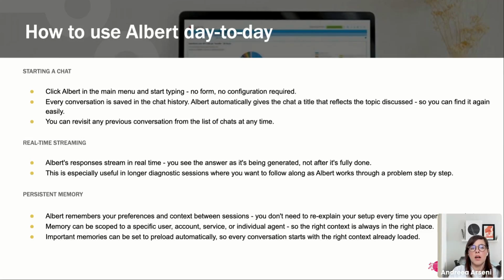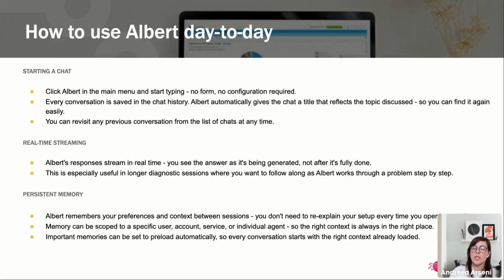And of course, every conversation will be saved in the chat history. So every new chat that you create will basically be a conversation that you have with Albert. So that will be saved, and then you can always go back to it if you need to, right? So you can always see what has been discussed and how Albert replied to you. And you can revisit those conversations, or any other team members will be able to do so.